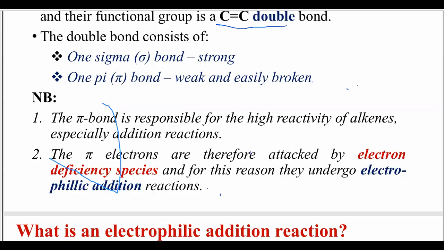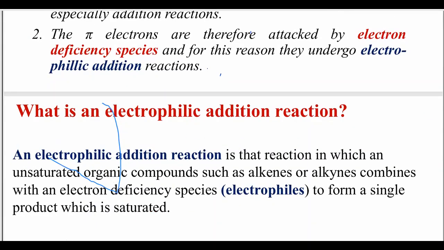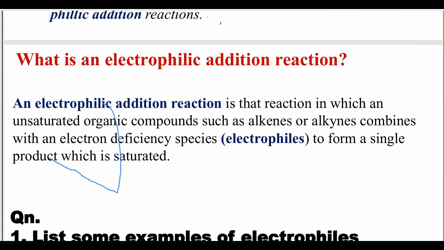Thank you. You can keep your microphone on and read this one for us. An electrophilic addition reaction is that reaction in which unsaturated organic compounds, such as alkenes or alkynes, combine with an electron deficient species, in brackets electrophiles, to form a single product which is saturated.